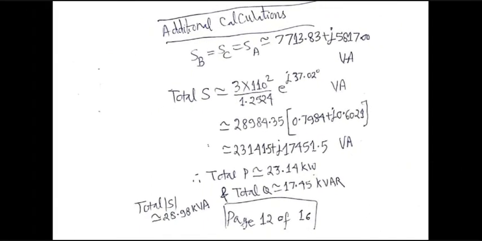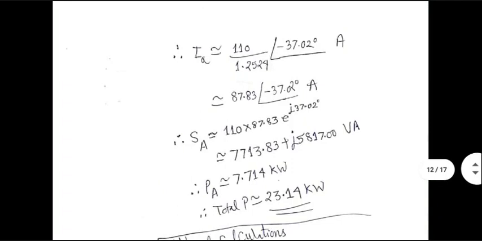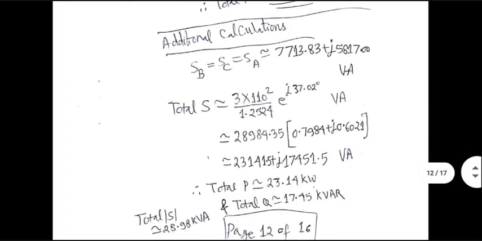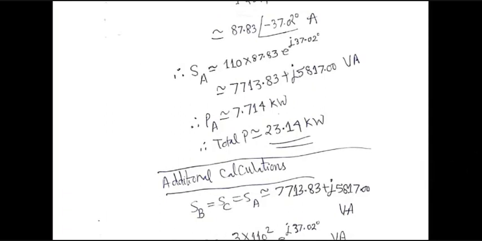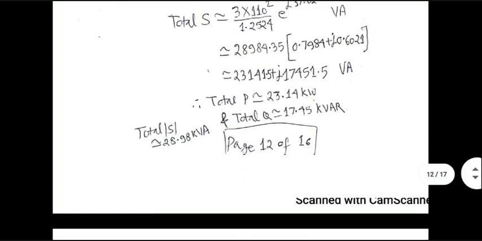Total Q will be QA plus QB plus QC, that means 3 times QA. So 3 times 5.817 kVAR, sorry, which is 17.45 approximately. And P will be PA plus PB plus PC, which means 3 PA, which is around 23.14 kilowatt.